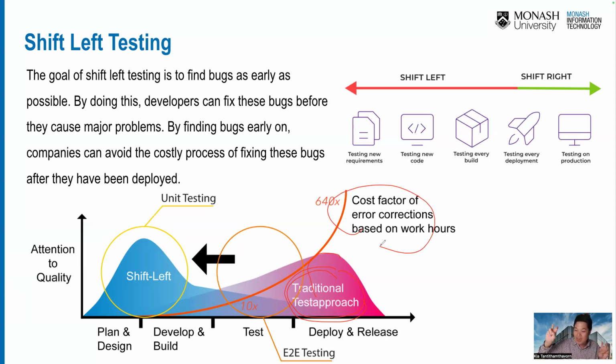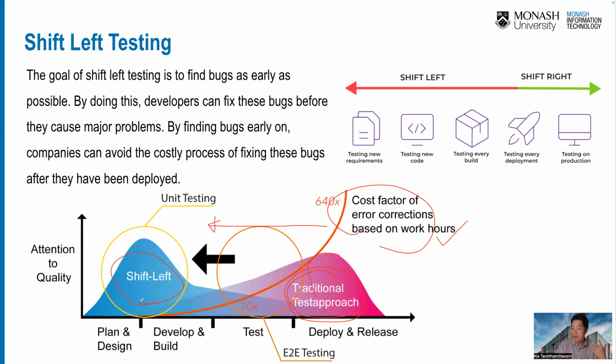When you deploy the name Facebook app, it is Facebook forever. You cannot even change the name. So it is really costly to fix everything, not only the software, but also the company reputation, the development team, everything. That's why we want to shift the testing process to the early phase of the software development.